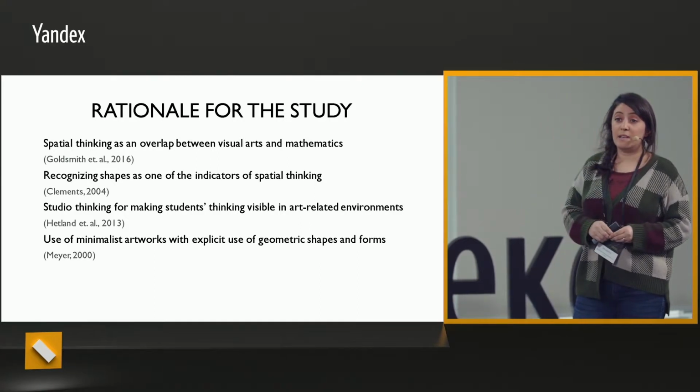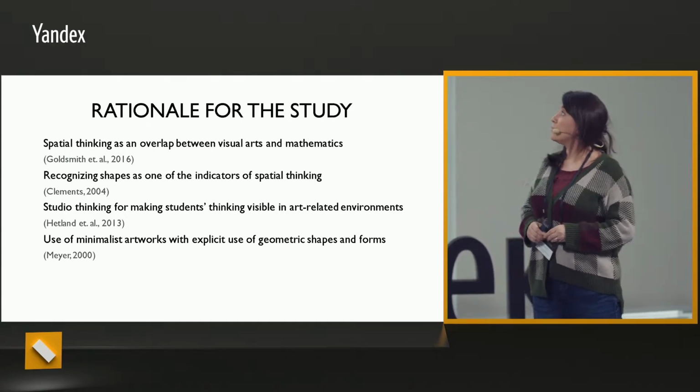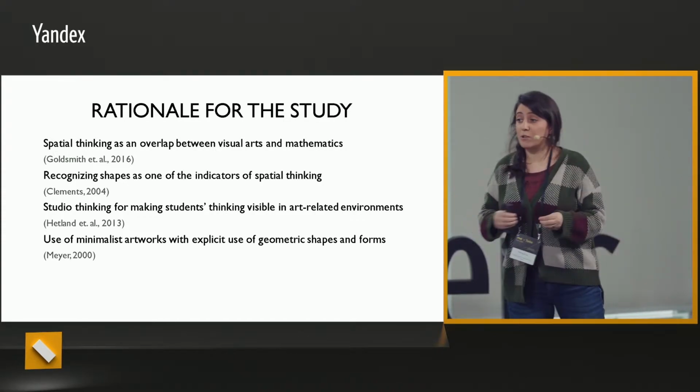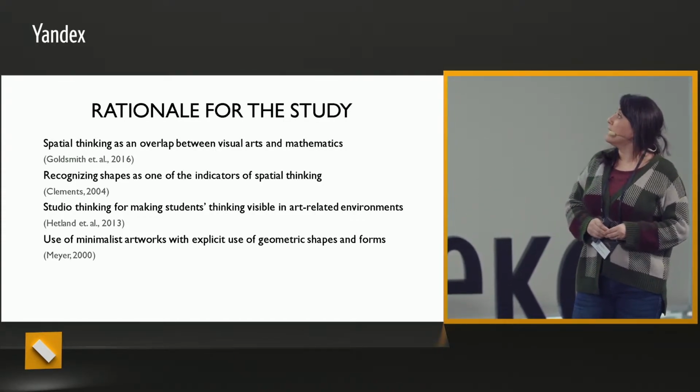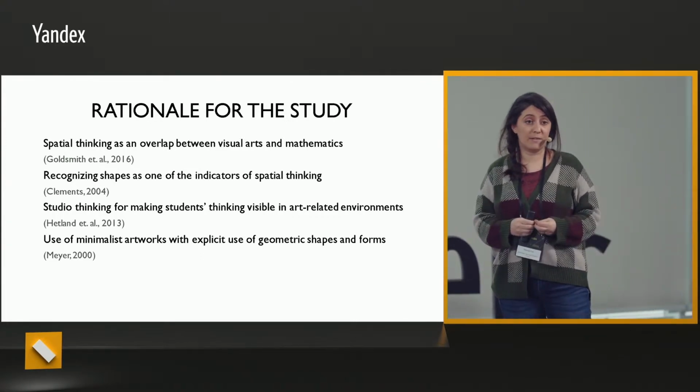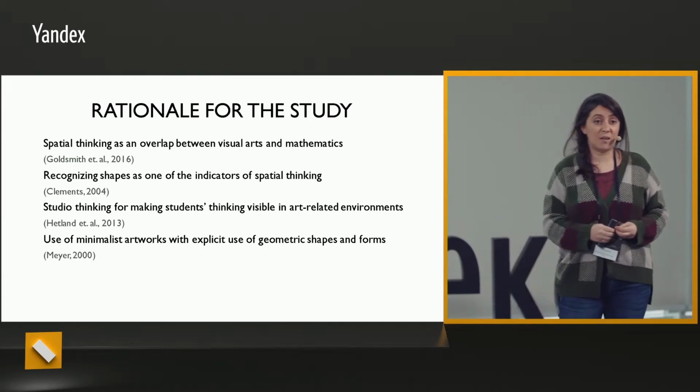In the current study, we focused on students' recognition of geometric shapes as a part of the project, to investigate students' thinking and to make their thinking visible in an art-related environment.